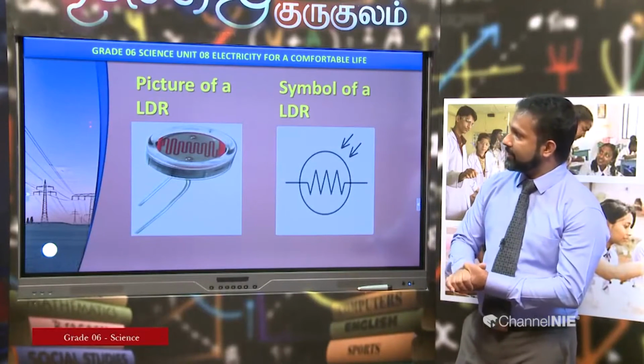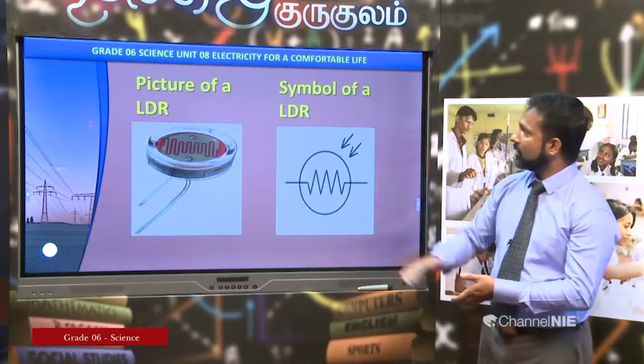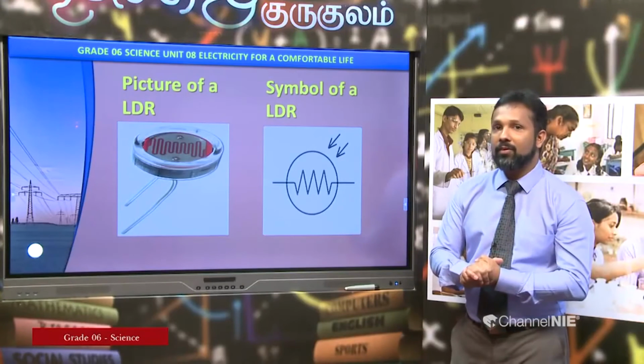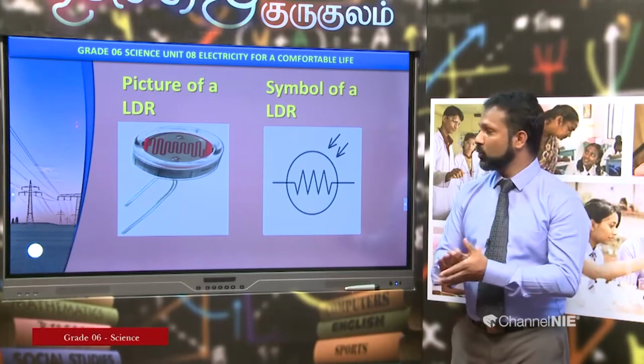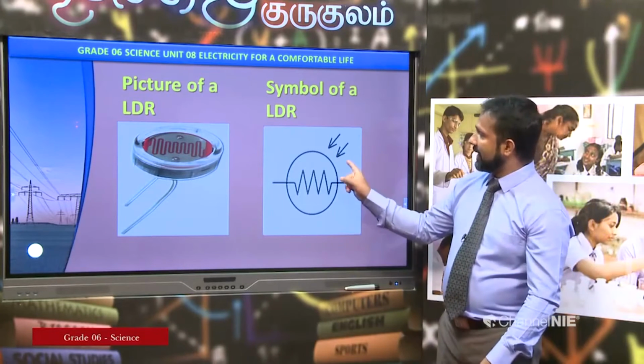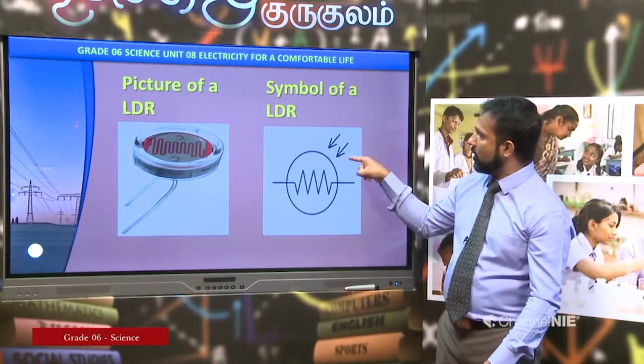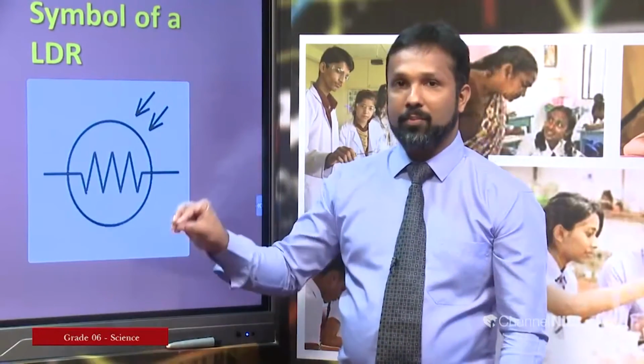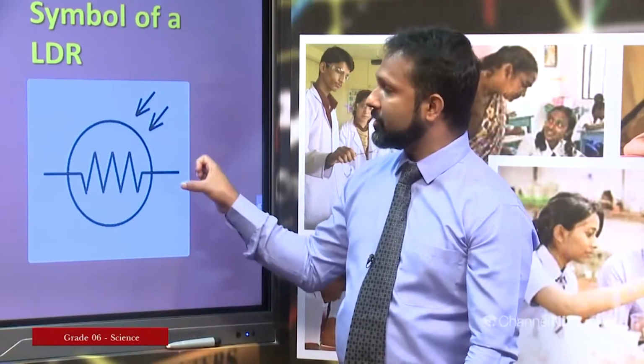Picture of the LDR is given. Symbol of the LDR is also given in this picture. Here, can you see a difference between the previously learned symbol of a resistor and the symbol of an LDR? Yes, you can see. If we remove this circle and these two arrows, this is the symbol of a normal resistor.